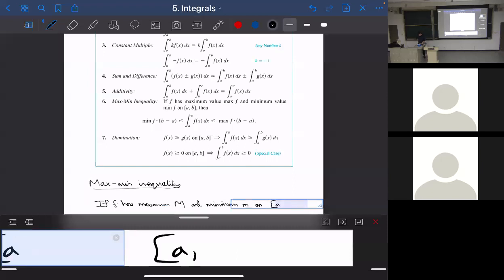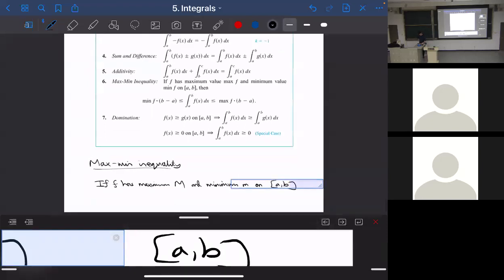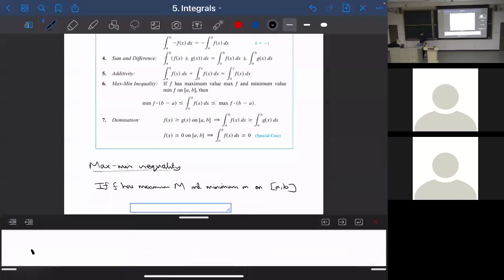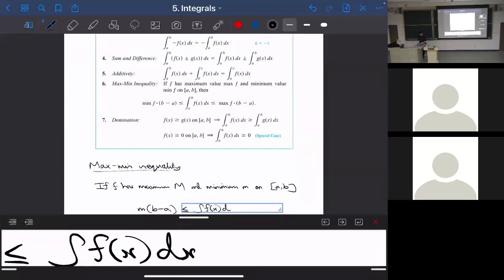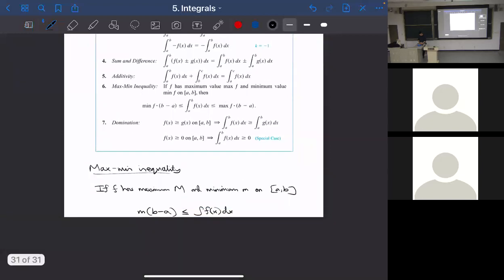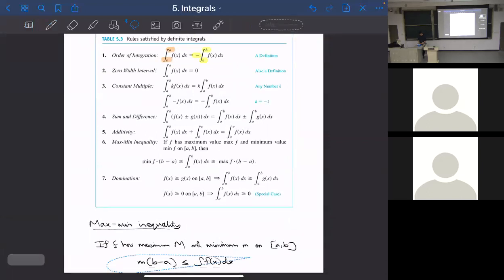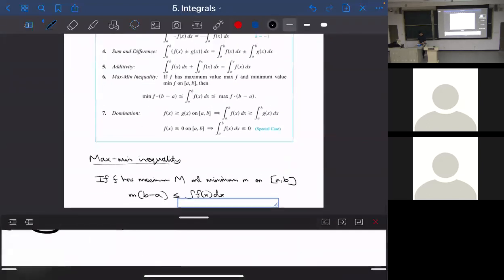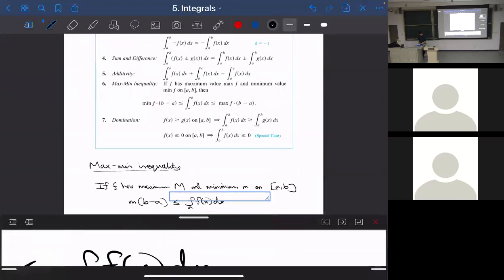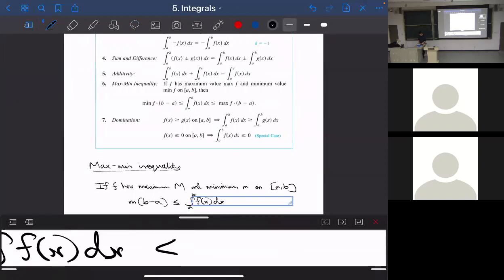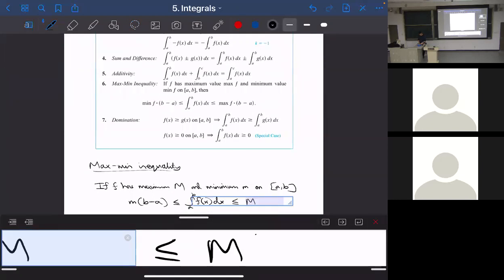on a to b, so I'm writing it a bit shorter than before, then that minimum tells me a lowest possible value for the integral. And that lowest possible value is the minimum times the length of my interval. And I also have the highest possible value given by the maximum.